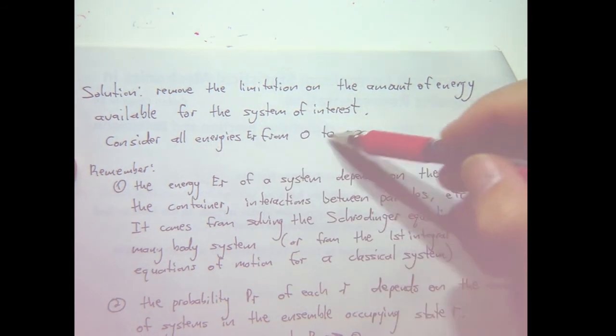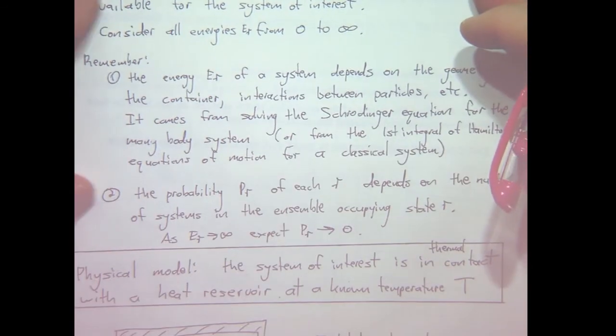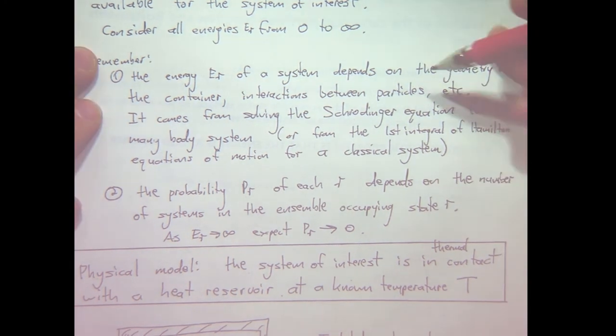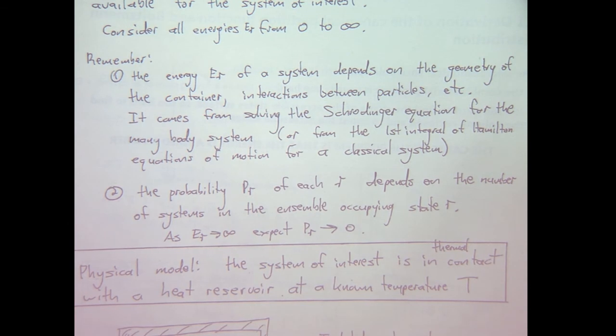You consider all energies from 0 to infinity. Now, you also need to keep in mind that we're talking about completely general systems, not just ideal gas, and we're also talking about the semi-classical view.